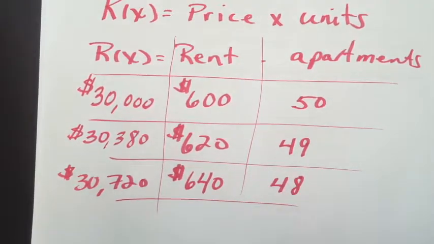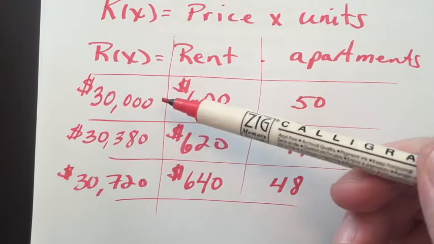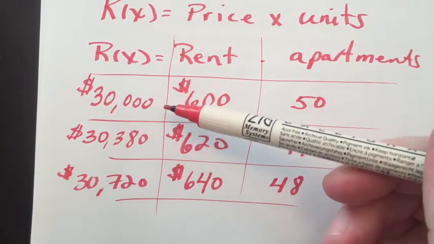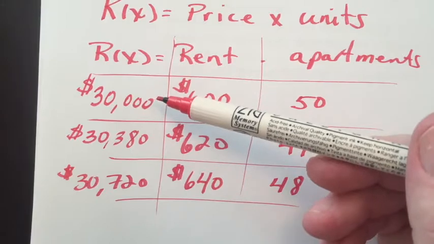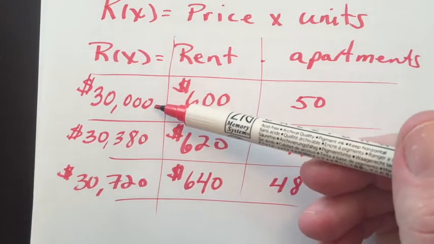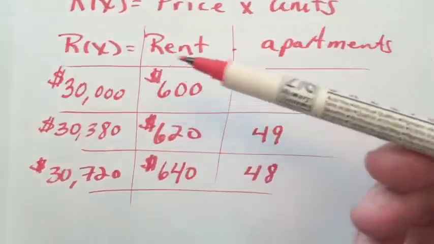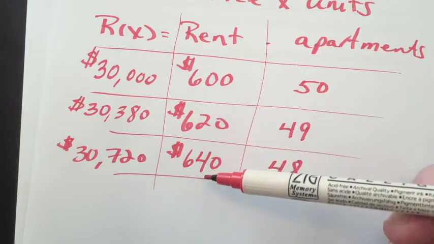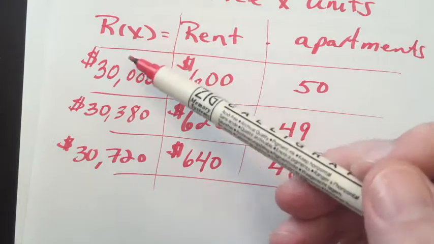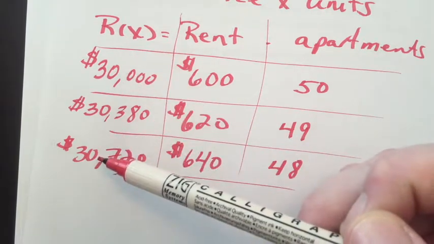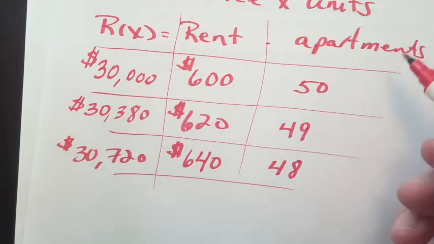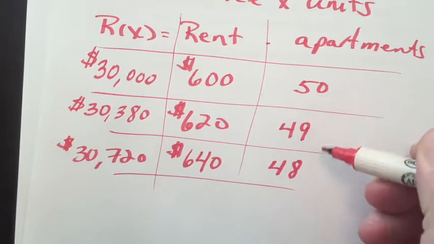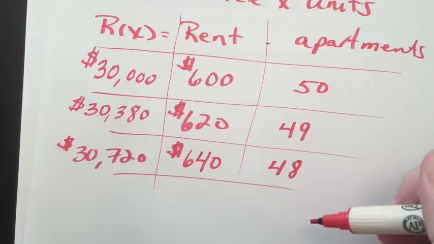Well, what's important to recognize here is the distinction between what you might traditionally believe and what is the actuality in the world. You're going to notice right now at this point that as rent increases, you are increasing your revenue. And if we had another column, you would be decreasing costs because you have fewer apartments that you have to take care of.